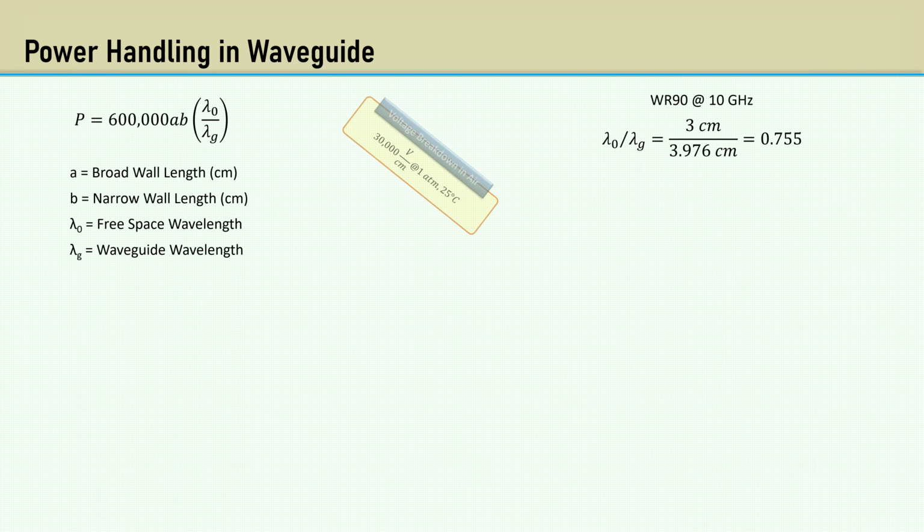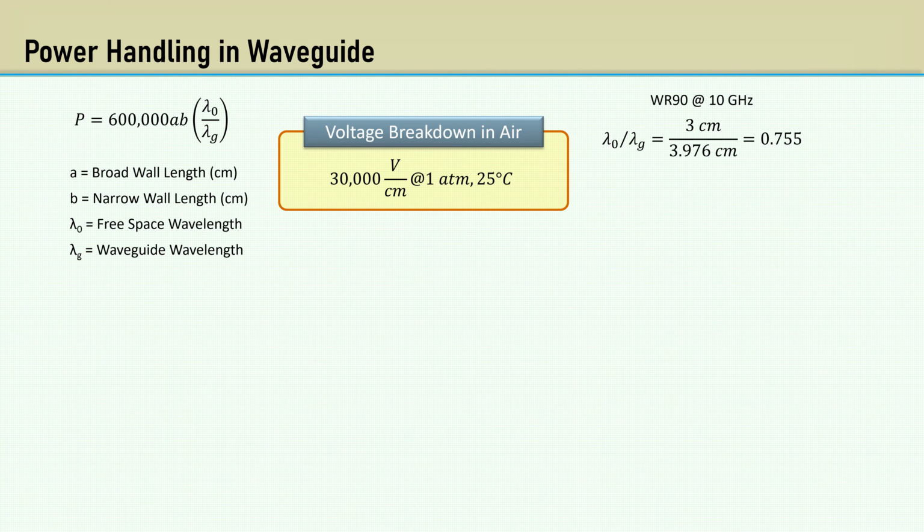Here's the voltage breakdown in air, which is about 30,000 volts per centimeter at 1 atmosphere and 25 degrees C. In order for the voltage to be proportional to power, the voltage must be squared. Hence, the Ohm's law equation equals the voltage squared over the resistance. So 600,000 over 30,000 squared equals 6.66 times 10 to the minus fourth.